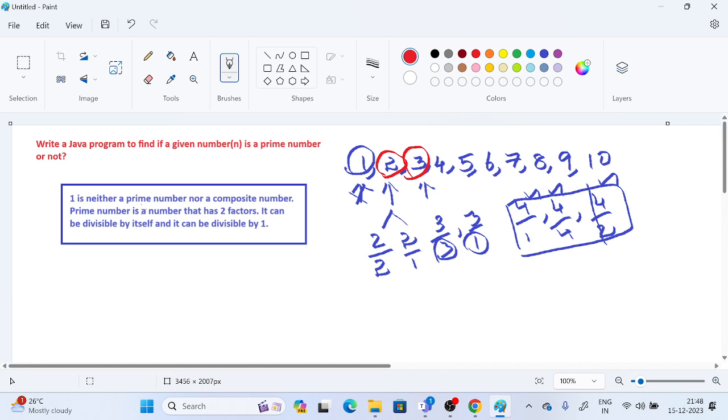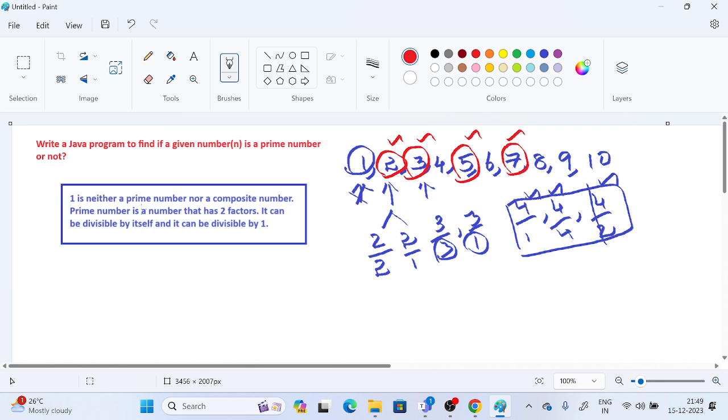Take 5: 5 can be divided by 2 numbers, one is the number itself and the second one is 1. Six has 3 factors, and 7 has 2 factors. Eight has more than 2 factors. Nine has more than 2 factors. Ten has more than 2 factors. From 1 to 10 we are able to find there are 4 prime numbers.